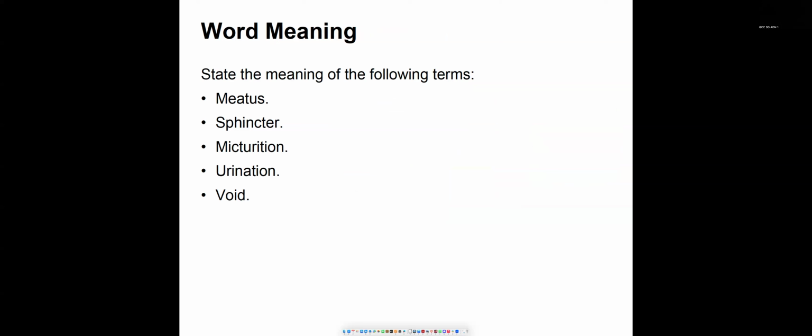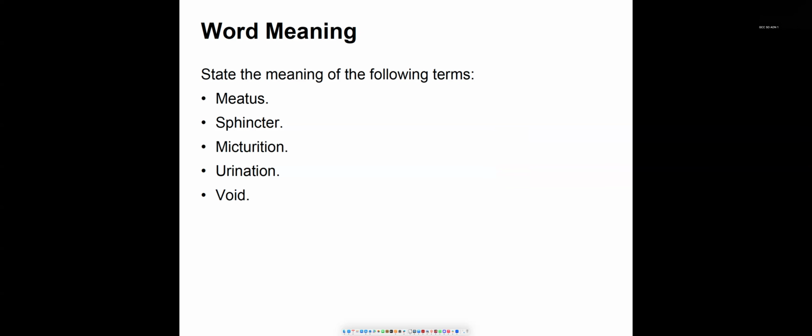Word meanings. So here, you're going to state the meaning of the following terms. You have meatus, the external opening of a passage, such as the urinary meatus, where urine exits the body. Sphincter. Sphincter is a band of muscle that encircles an opening, controlling its closure and relaxation.